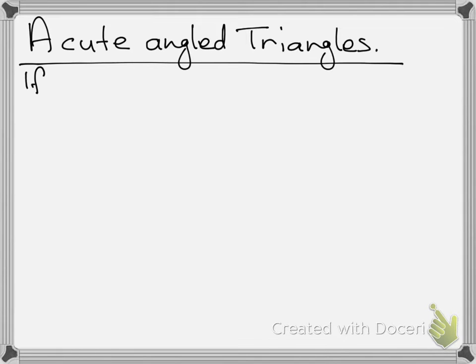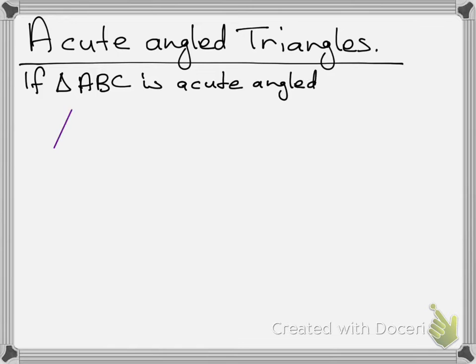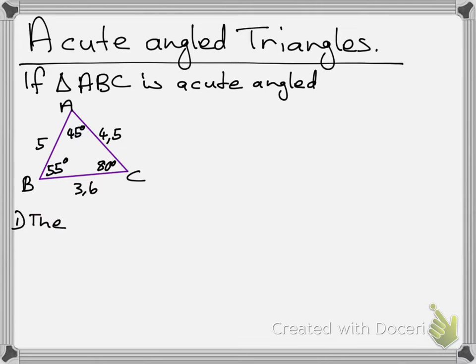So for acute angled triangles, let's say, for example, we've got our triangle ABC, where angle A is 45 degrees, angle B is 55 degrees, angle C is 80 degrees, right? And the given corresponding sides are there. The longer side is the side that is opposite the largest angle.